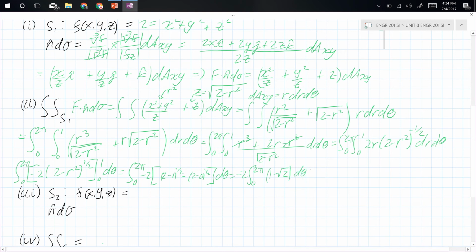Integrating in terms of theta, it's going to be negative 2 times (1 minus square root of 2) times theta, where theta goes from 0 to 2 pi. So this would end up equaling negative 4 pi, or we'll say 4 pi.